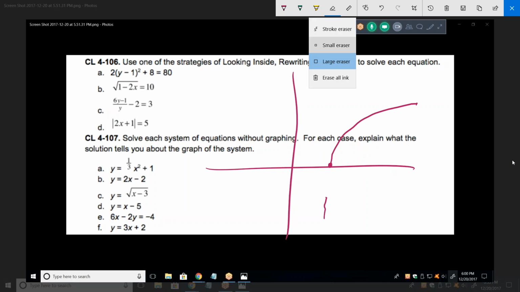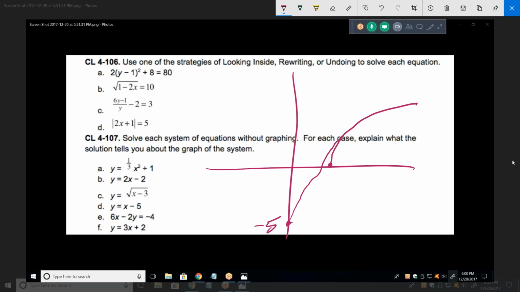The bottom one is a straight linear equation going through -5 with a slope of 1. It must do that. Otherwise, you would have two solutions.